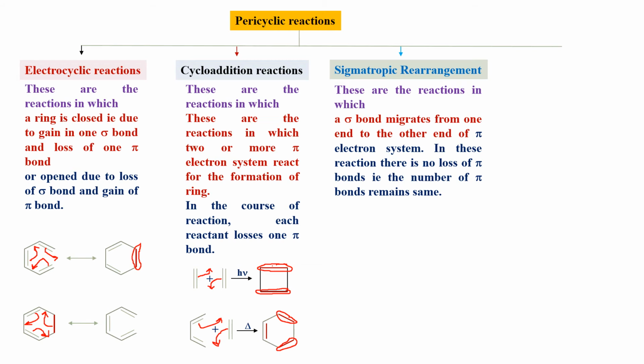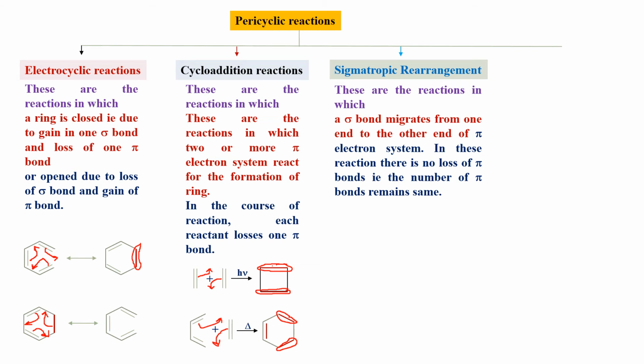Simply one sigma bond that migrates from one end of the atom to another end of the atom within the molecule. The reaction is taking place within the molecule, only rearrangement of groups or atoms attached to various carbon atoms is taking place.